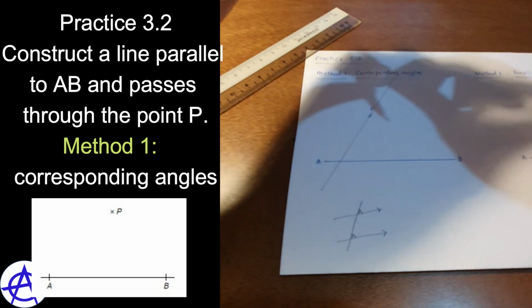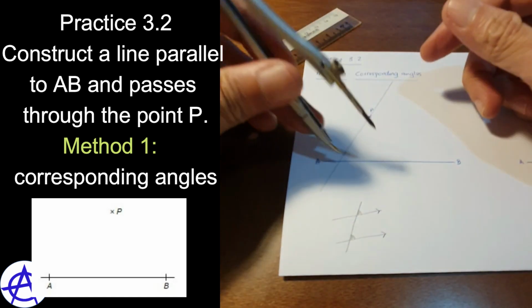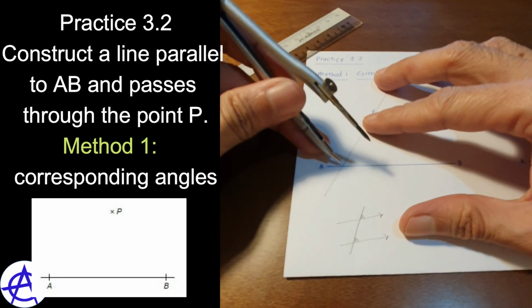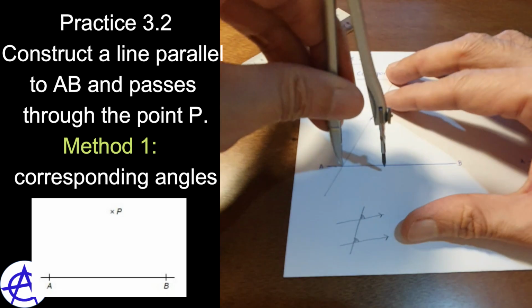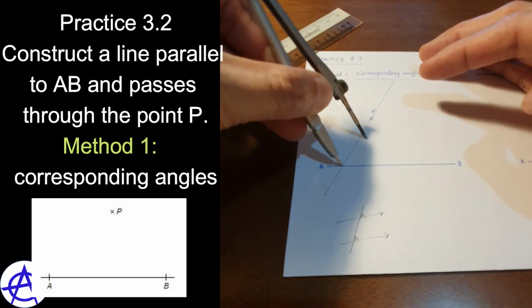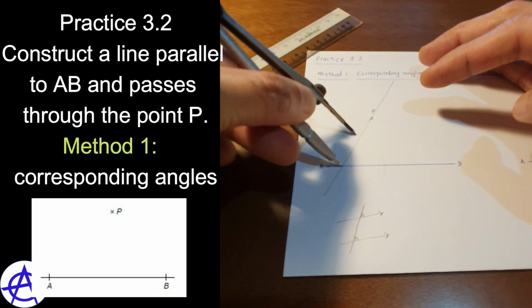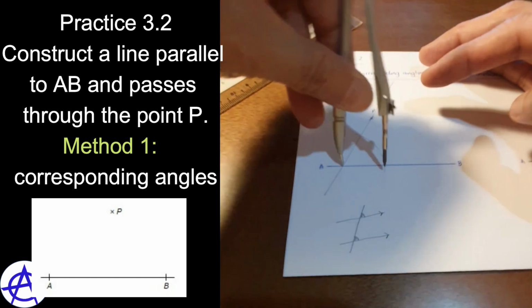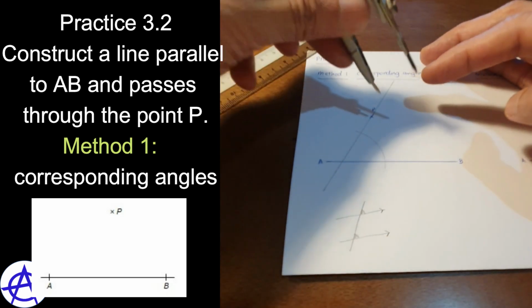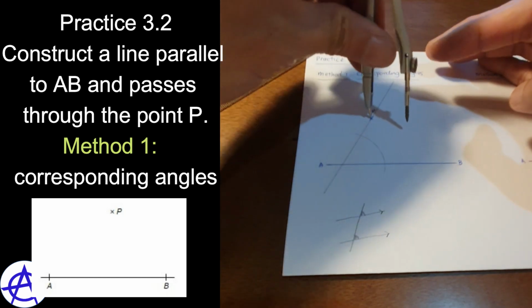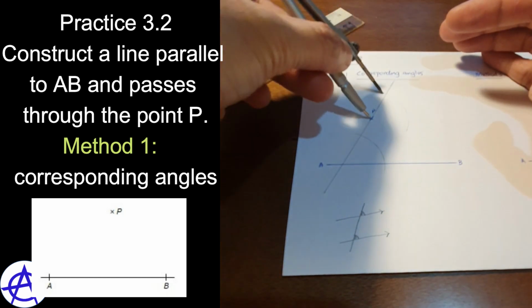How do I make this angle? I put the point of intersection here, then I draw an arc. Similarly, I use the same length here, and I make an arc here.